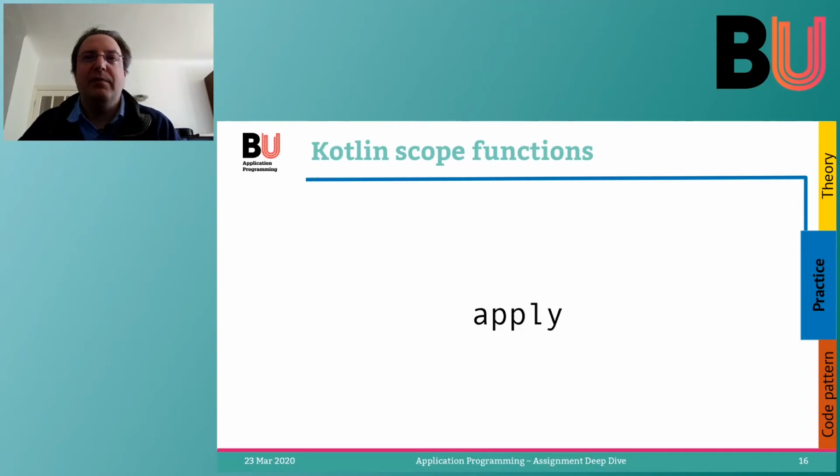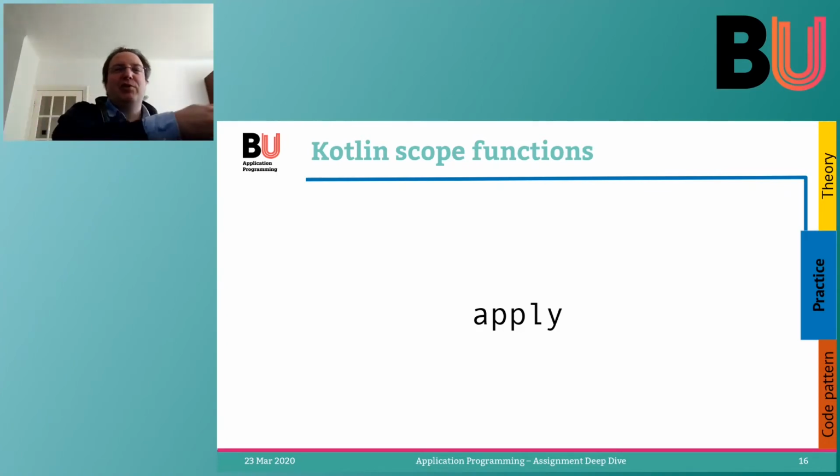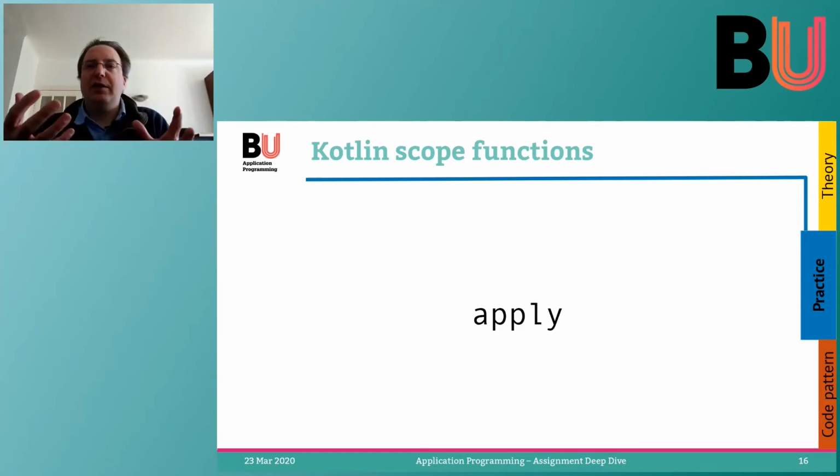You have seen that in some of the sample code in the exercises. The idea of apply is that you can have an object, do something with it, and then return the original object. So if you want to do updates on an object, you can use the apply function.